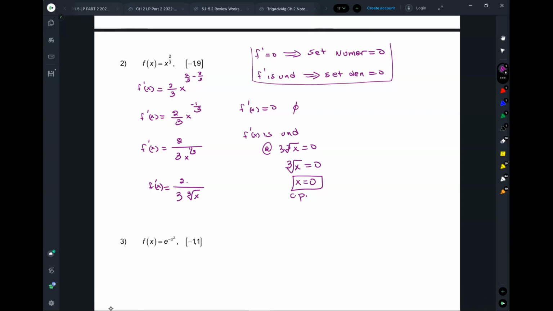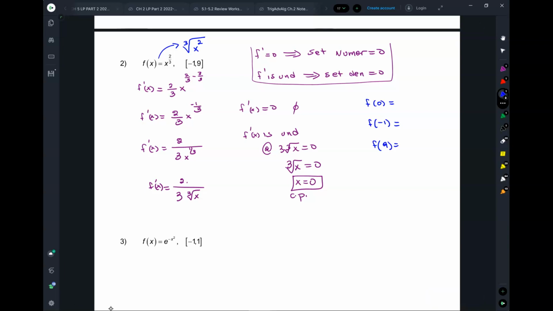Okay, so let's plug these in. Is that in the domain? Yes. So we're going to do f of 0, f of negative 1, f of 9. Okay, so what does f actually look like? This is the cube root of x squared.